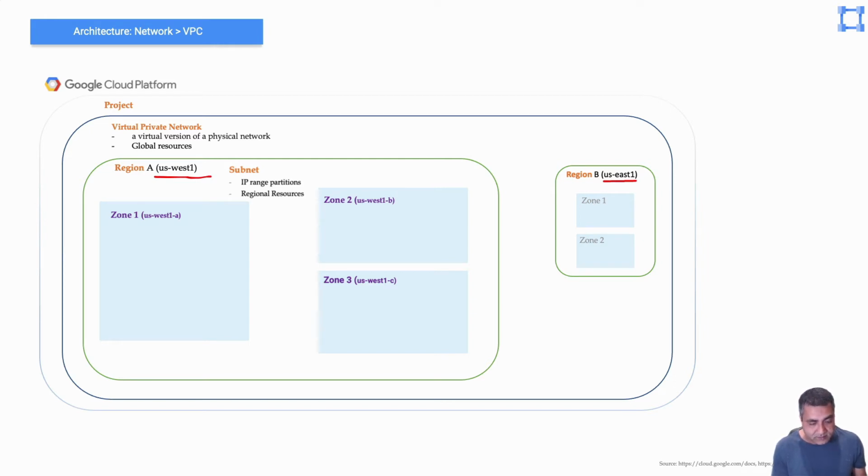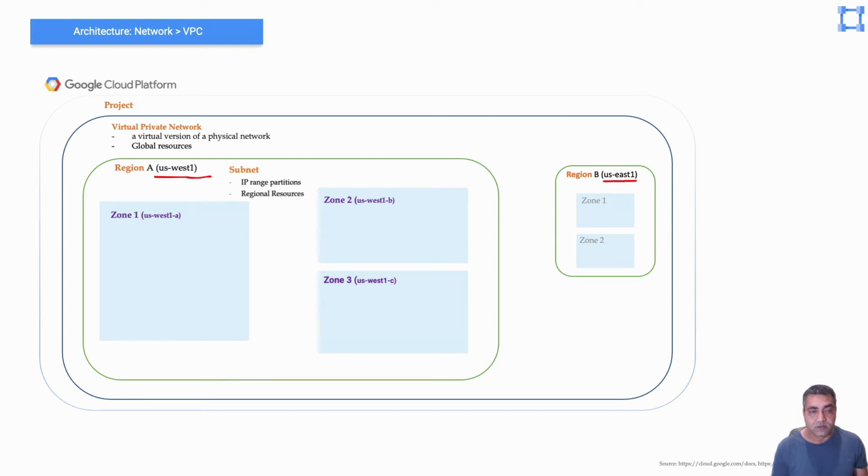And each primary or secondary IP range for all subnets in a VPC network must be a unique, valid CIDR block. So the ranges, in terms of the network portion and the host portion, should not overlap. VPC networks themselves only support IPv4 unicast traffic.